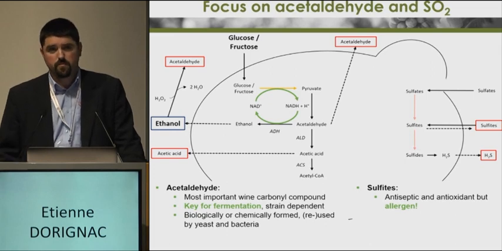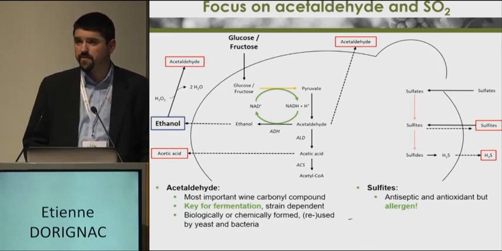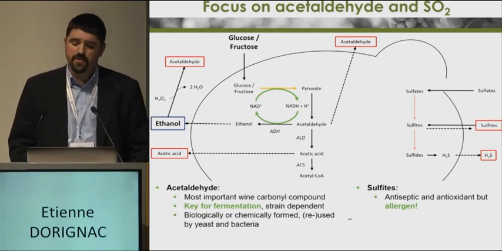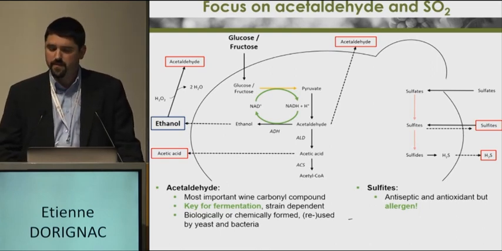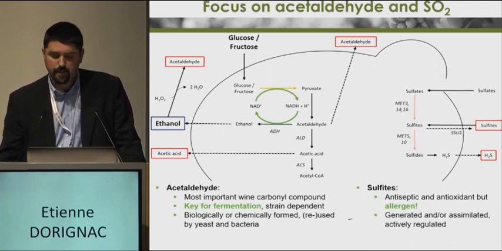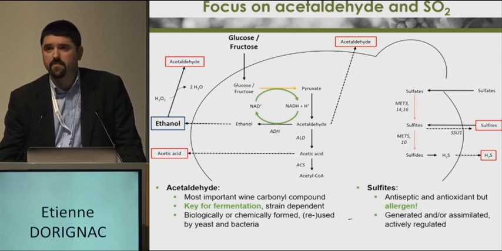This acetaldehyde is quite closely linked to acetic acid and acetyl-CoA production, depending on the genes involved. This is to be put in correlation with sulfites, because we saw that yeast are able to produce sulfites. They are antiseptic and antioxidant, but their main problem is that they are allergenic. They can be generated and or assimilated, but anyway it is actively regulated.